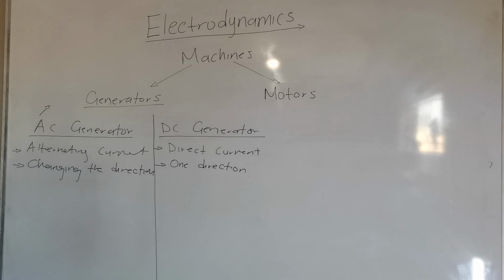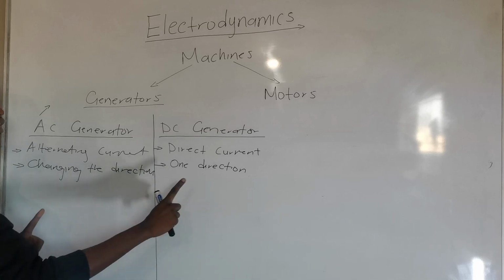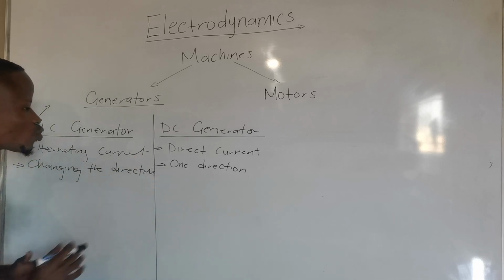Because as the armature rotates, the current that is produced changes direction due to the changing magnetic flux in the magnetic field. So what differentiates these two generators? This is where most of the questions lie.